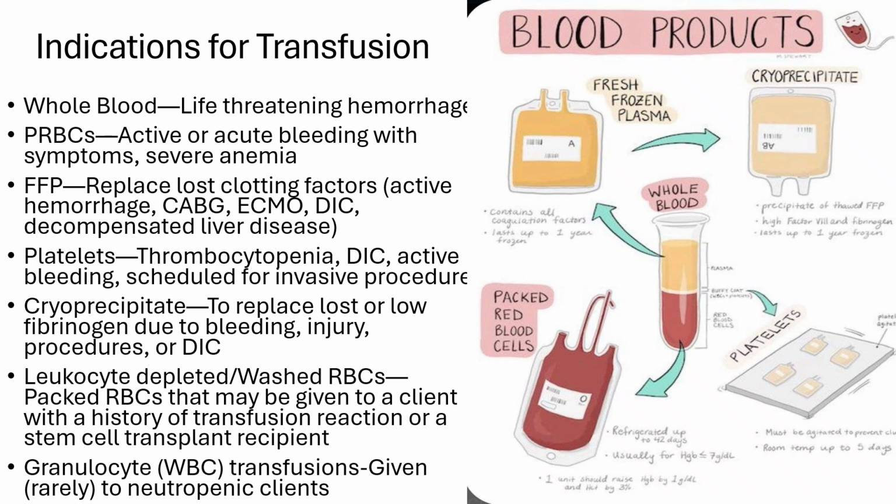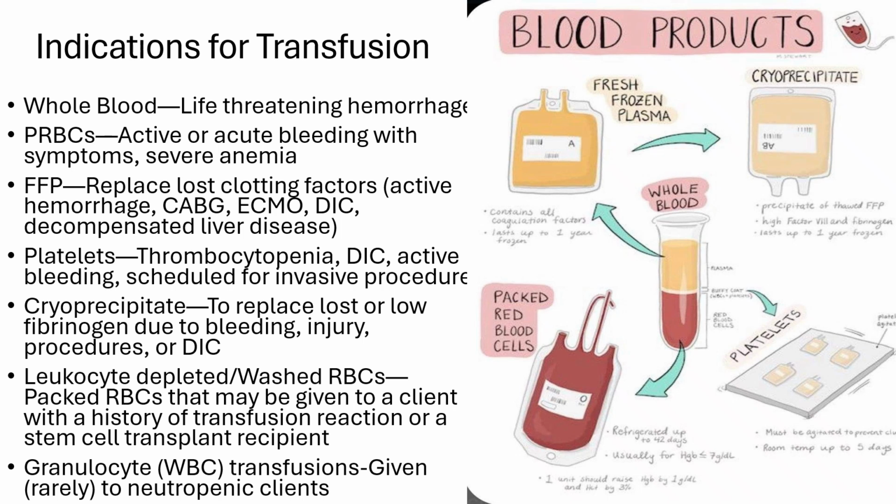And platelets are going to be used to treat things such as thrombocytopenia, DIC, and our cryoprecipitate is going to be used to replace lost or low fibrinogen due to bleeding, injury, procedure, or DIC.